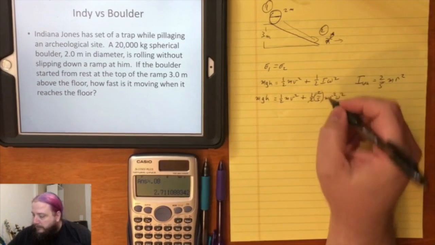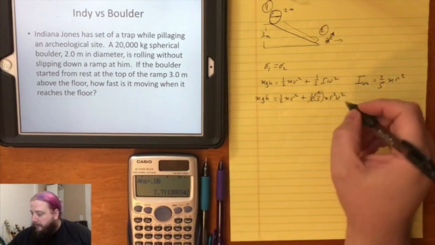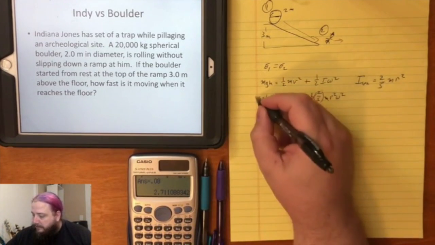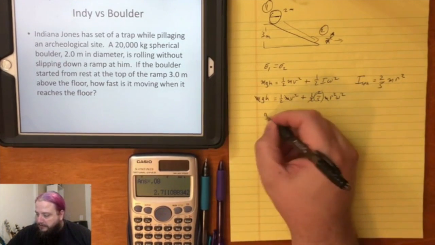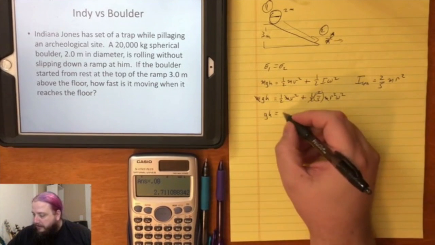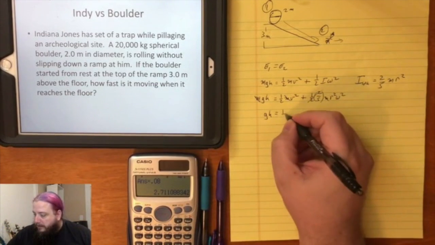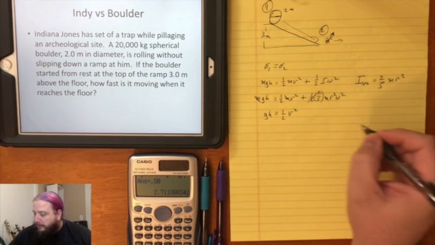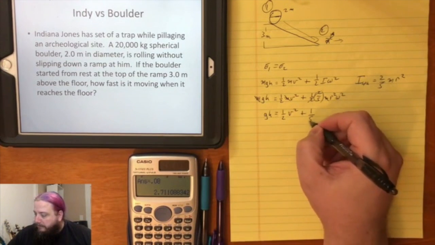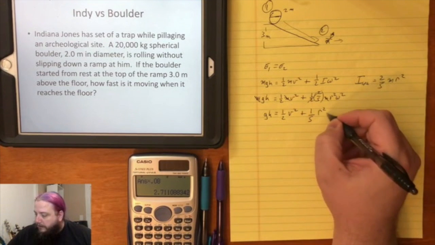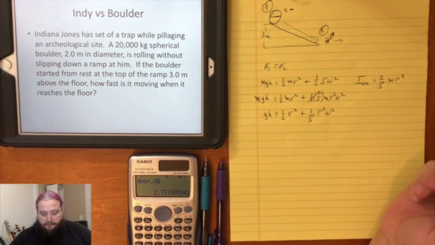The 2's will cancel, the masses will cancel, and so we've got gh over here is 1/2 v squared plus 1/5 r squared omega squared.